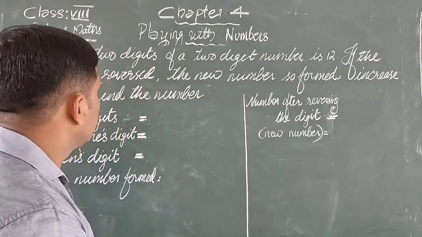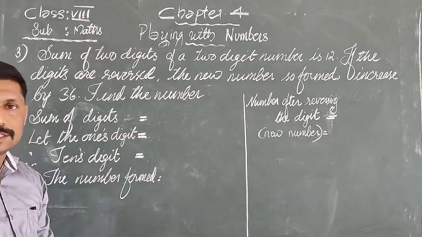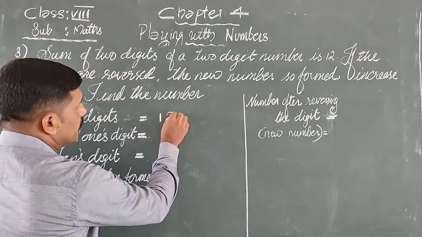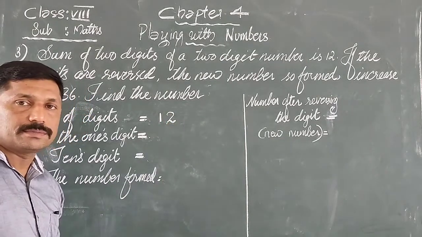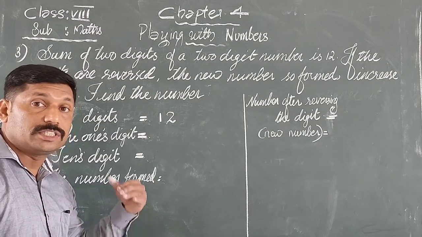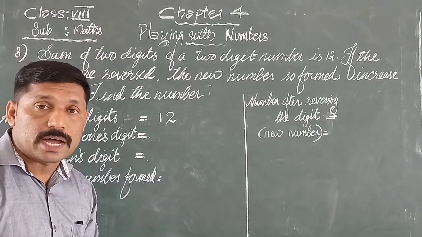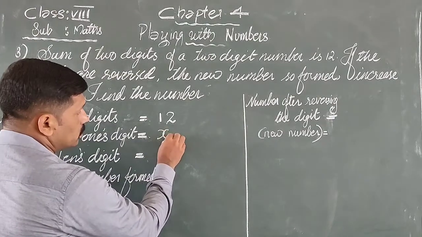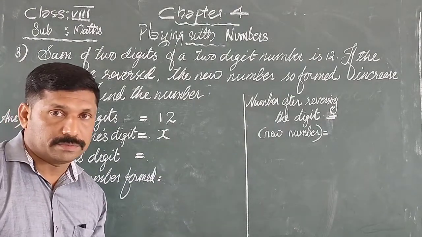Then find the number. So here, first of all, we write the sum of the digits. When we add ones place and tens place, we get 12. But we don't know which is the ones place and which is the tens place, therefore the ones digit is x.